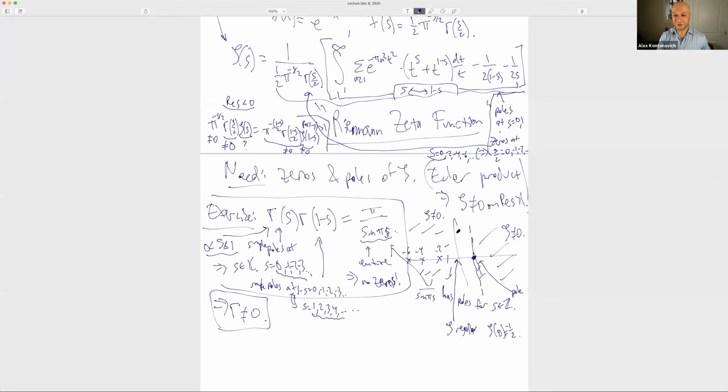So the only possible zeros are in, by definition, the critical strip. The critical strip is the set of s so that the real part of s is between 0 and 1. The zeros outside of it are called the trivial zeros.